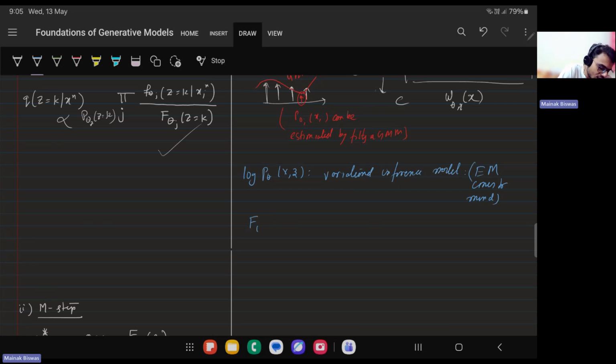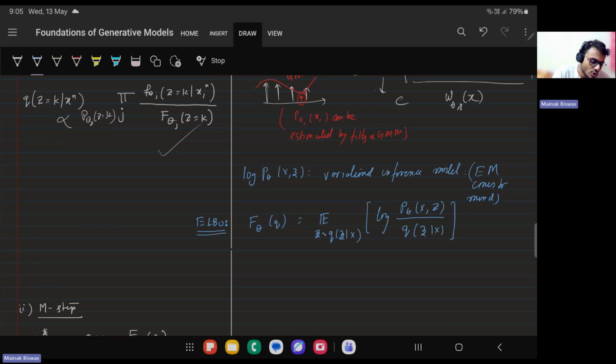We know that the ELBO, we have written the ELBO multiple times in the past, can be written as the expected value over z sampled from q of z given x of log of p theta of x comma z, where z is a single value, divided by q of z given x.